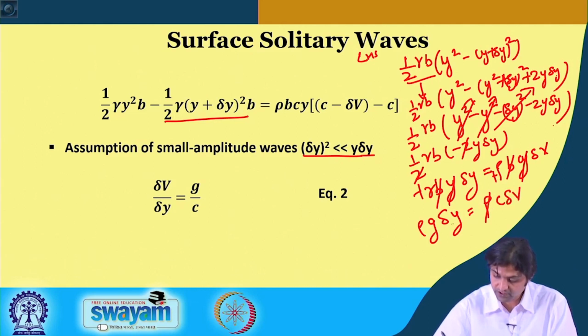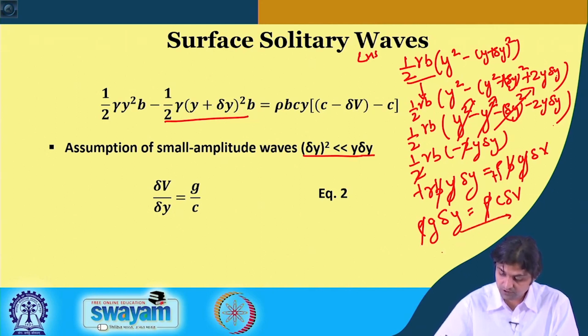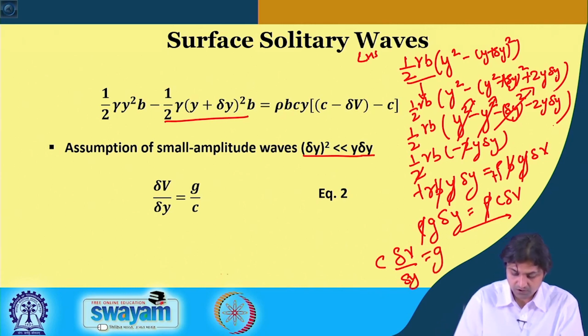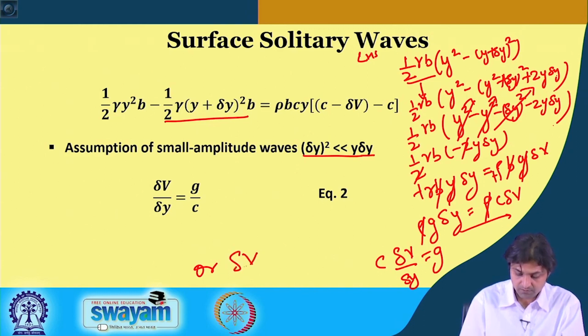Rho also gets cancelled. So, we can simply say c multiplied by delta v by delta y is equal to g, or delta v by delta y is equal to g by c.